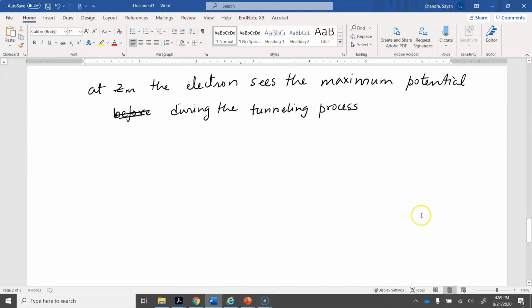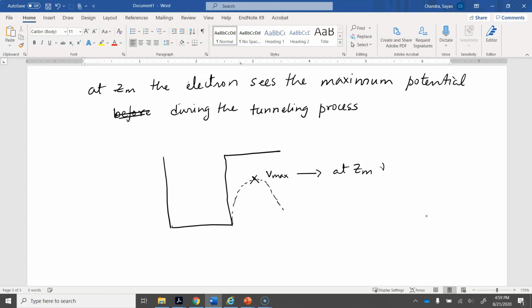So if we were to redraw the band diagram, instead of the abrupt change, I'll just draw this for reference sake. You have something that looks like this, and this point is referred to as the Vmax, which occurs at Zm distance from the surface of the metal.